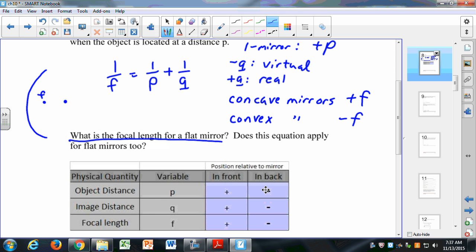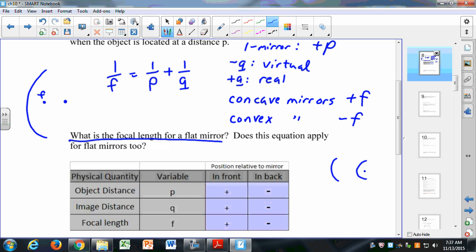Well, what happens if I make this mirror flatter? What happens to the focal point? Does it get bigger or smaller if I make it flatter? It gets bigger, right? So imagine I have a mirror that's very round, and then I have a mirror that I make flatter like this.